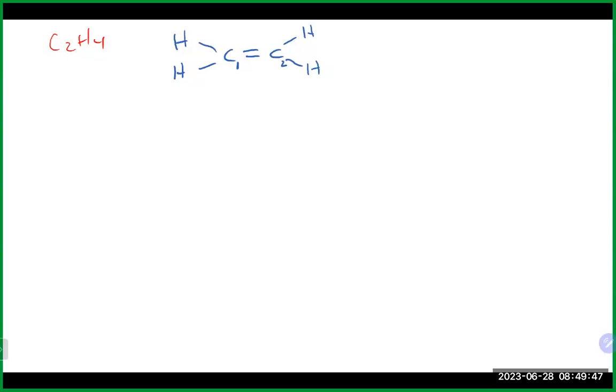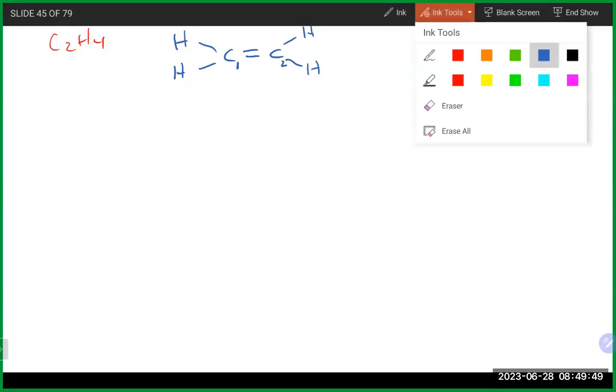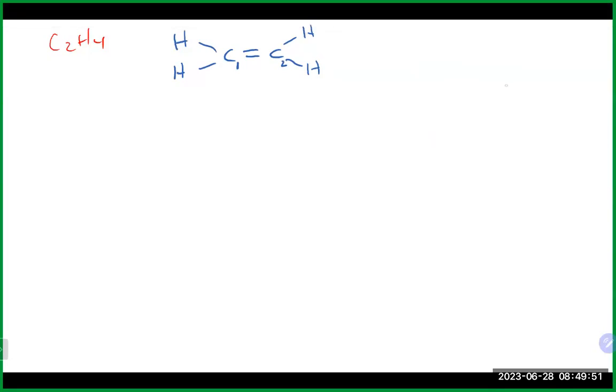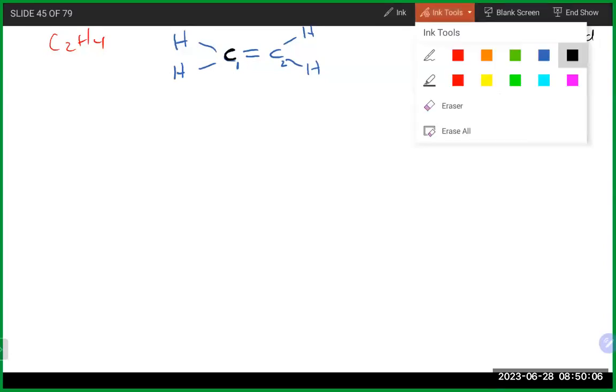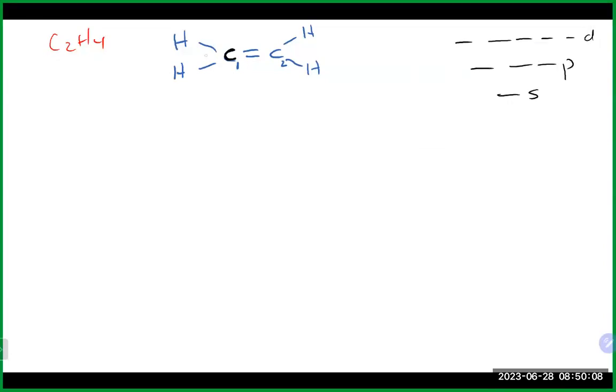So when we're trying to assign hybridization of each of these carbons, we do want to do the same thing, and we could have our little guy here to help us figure out what is the hybridization going on. So if we were to look at carbon number 1 here, it has how many electron pairs around it? It has 1 electron pair, 2 electron pairs, and this double bond would count as only 1, right?